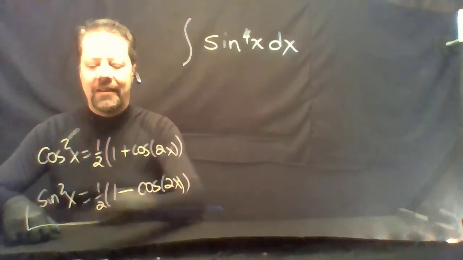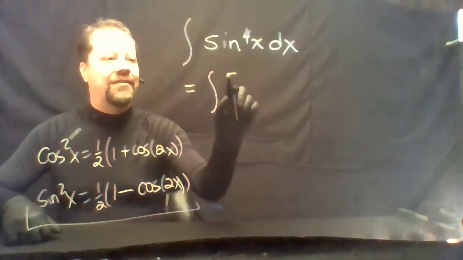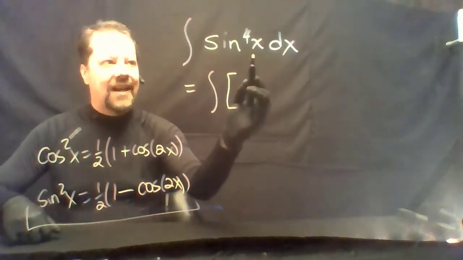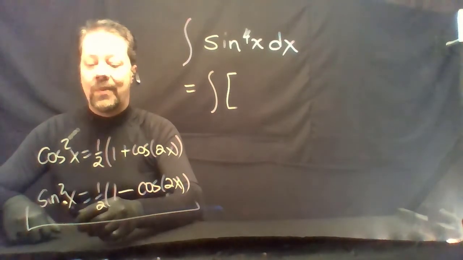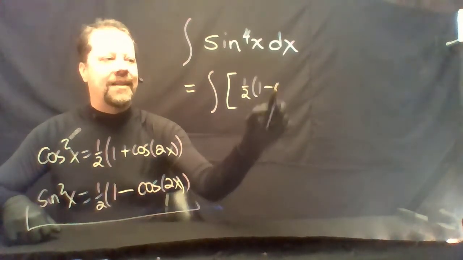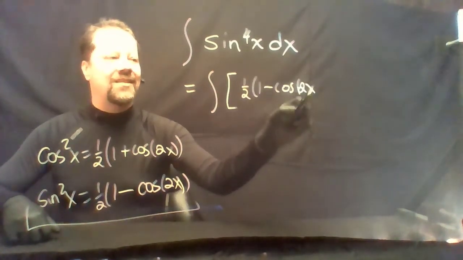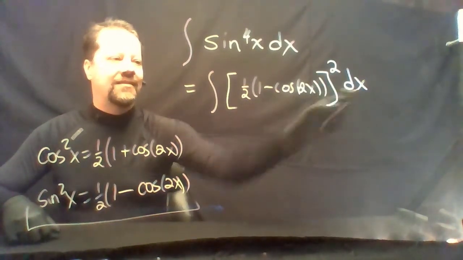We're going to be using the second one here. We'll have the integral of the sine to the fourth is sine squared squared. So it's going to be 1/2 times 1 minus the cosine of 2x quantity squared.